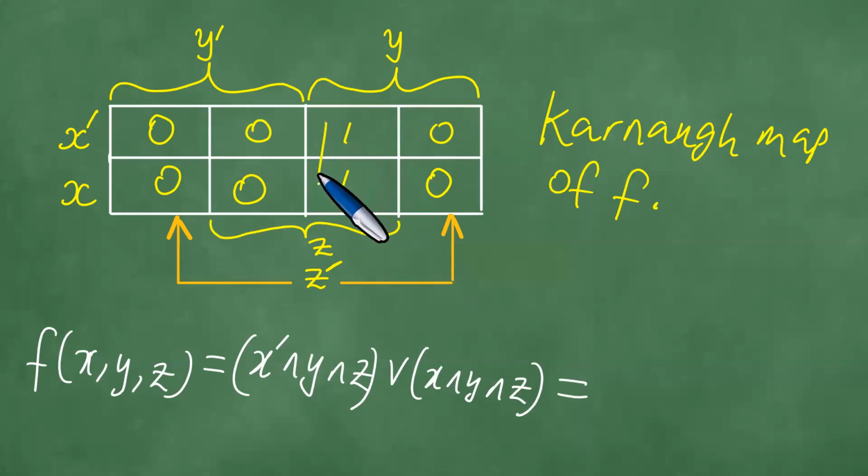So now what we do is we look at a possible association of the entries there, or a possible decomposition of the one values.